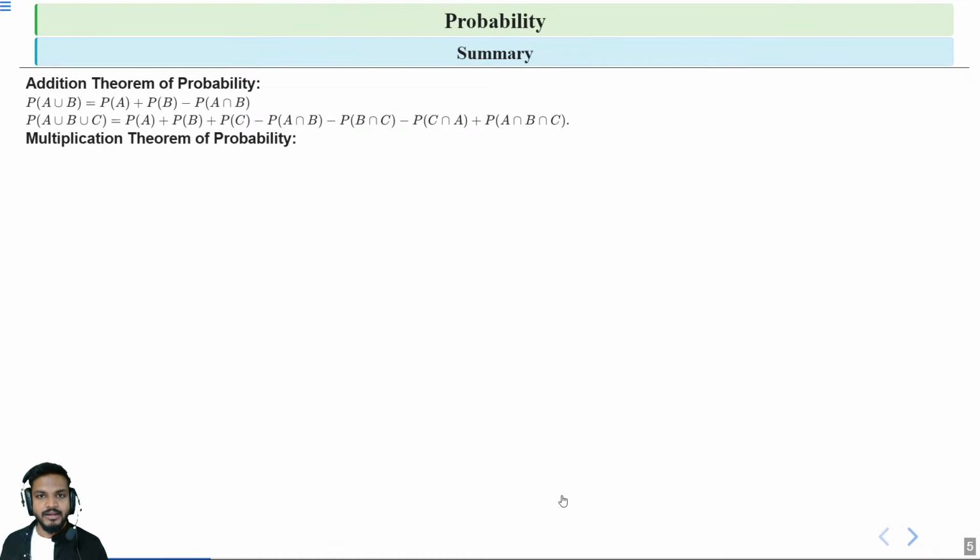Okay, next important theorem, that is the multiplication theorem.